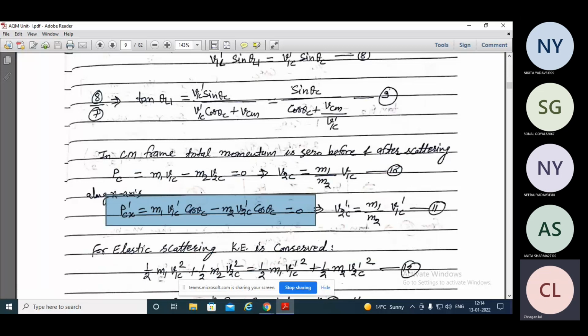So you can represent only the x component here, or you can use the y component also if you want. So here I used only the x component. PCx after equals m1 v1C' cos theta C minus m2 v2C' cos theta C equals 0. Now again you can calculate v2C' equal to m1 over m2 times v1C'. This is equation number 11.